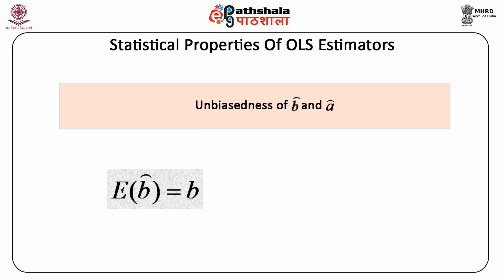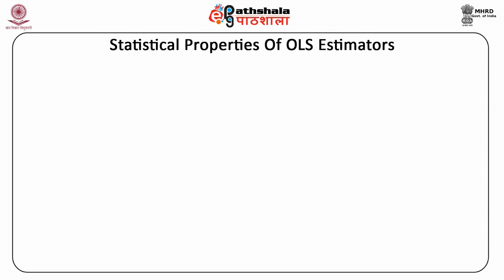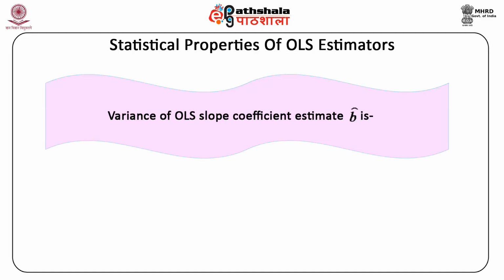That is, expectation of B hat is equal to B and expectation of A hat is equal to A. Moving on to the next property, we have the variance of the OLS slope coefficient estimate B hat, defined as variance of B hat is equal to expectation of B hat minus B whole square.